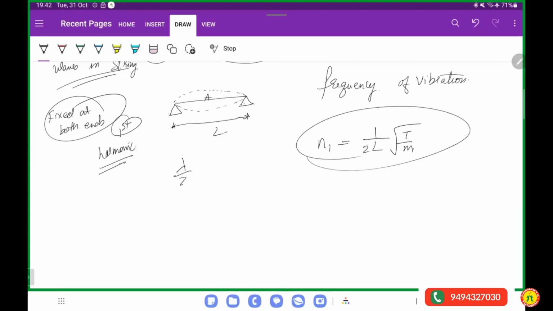Here lambda by 2 is equal to L. So lambda 1 equals 2L. This is the reason we have 1 by 2L.